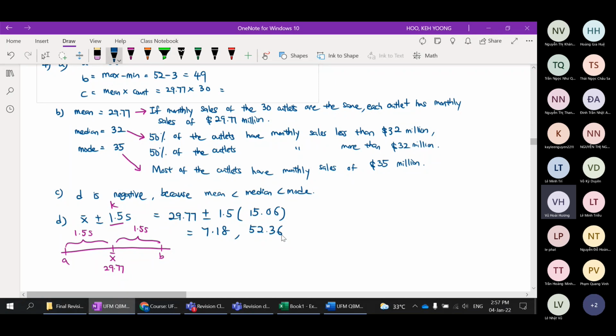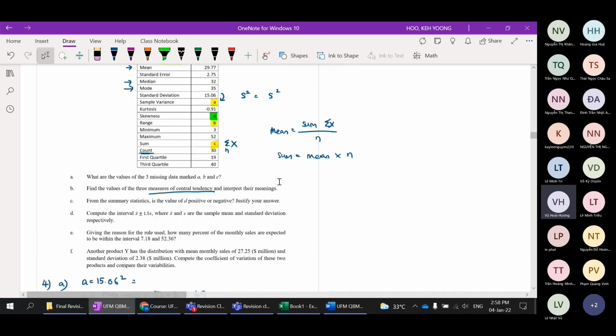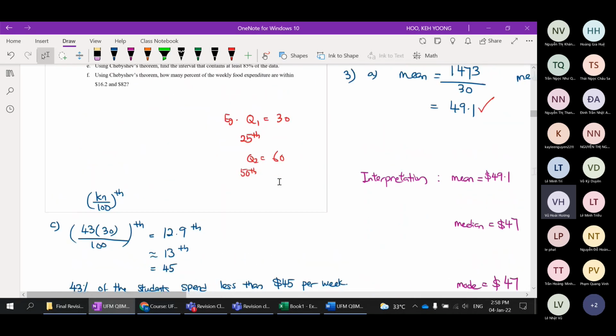Okay, so question E: giving the reason for the rule used, how many percent of the monthly sales are expected within 7.18 and 52.36? This is actually the same as question 3F.